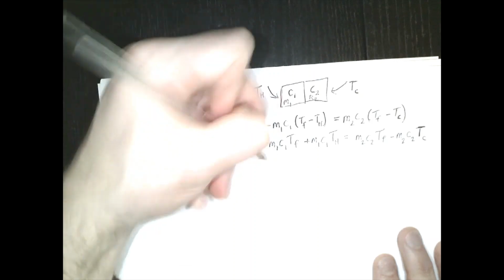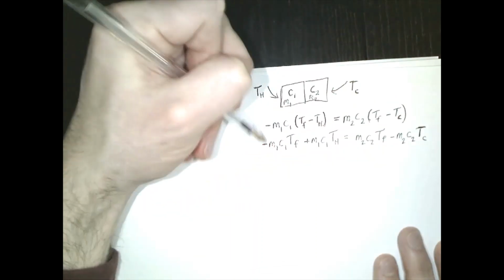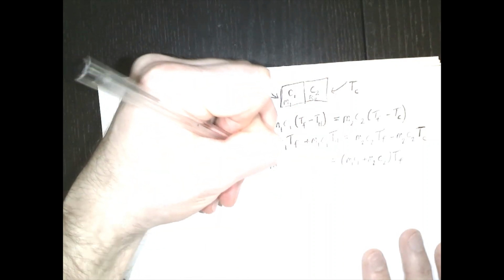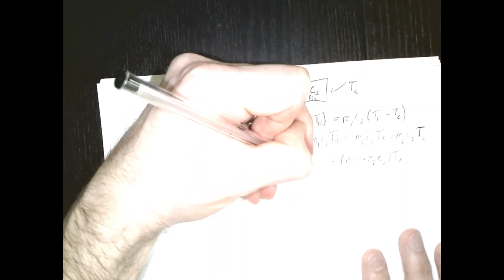Let's make our T final positive. So we'll move this term over here and this one over here. So I get T final with the sums of the MC values. And over on the other side, this will also be positive: M1 C1 TH plus M2 C2 TC.